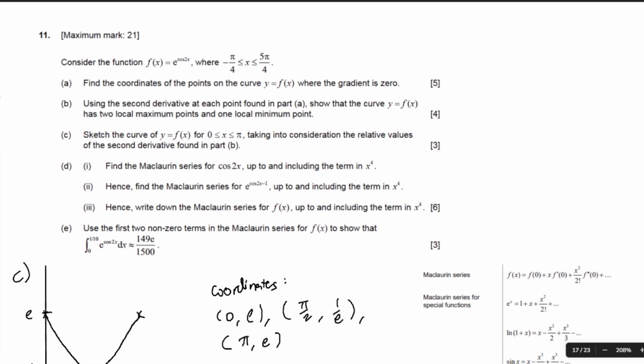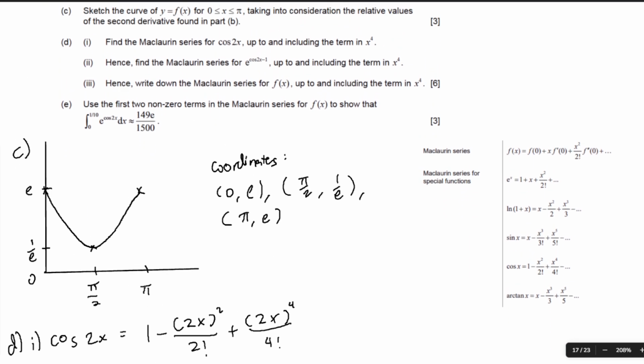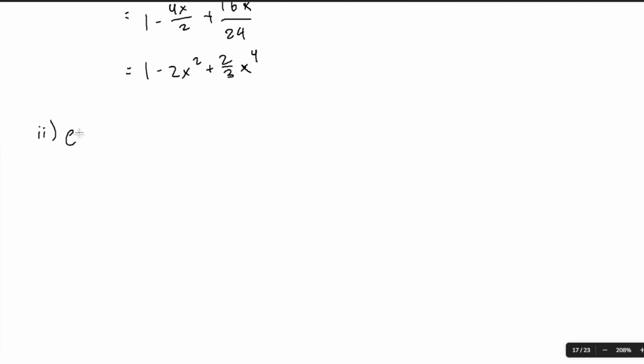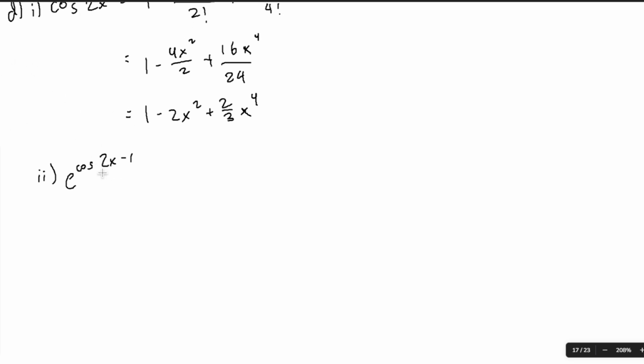Next, we have hence find the Maclaurin series for e power cos 2x minus 1 up to and including the term in x power 4. Okay. e power cos 2x minus 1. So, we know that our cos 2x Maclaurin series is 1 minus 2x squared plus 2 over 3 x power 4, right?